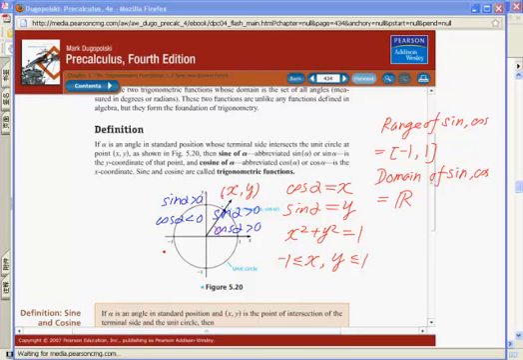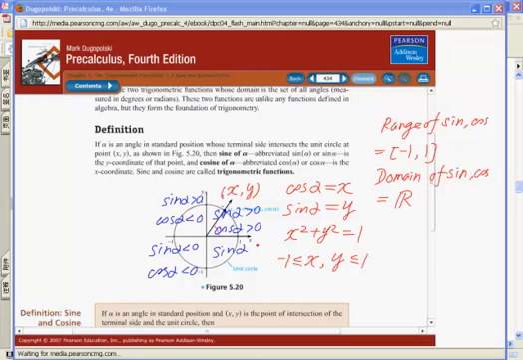Now in quadrant 3, what is the sign of the sine and the cosine? Both are negative, right? So right now, both the x and y coordinates are negative in quadrant 3. So you have sine alpha less than 0, cosine alpha less than 0. Now in quadrant 4, what is the sign of sine alpha?